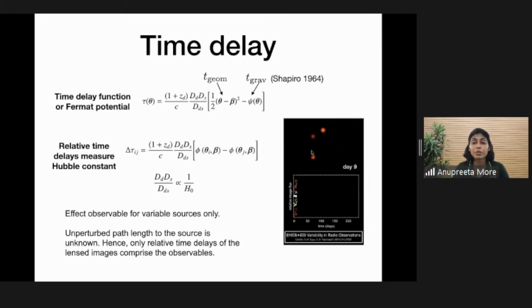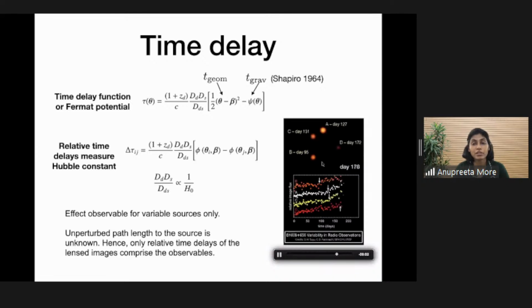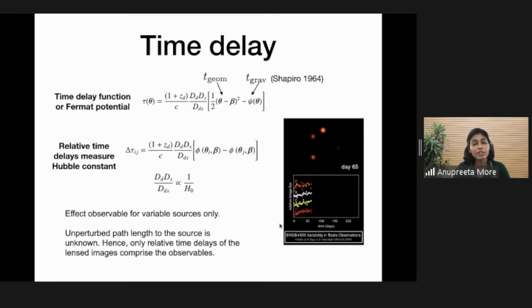So here I'm showing an animation which comes from real data. On the top panel, we are seeing images of a lensed quasar, and we can see there is some flickering happening in various images. Some images are getting much brighter than the others. And in the bottom panel, we are looking at the light curves for all of those images, four images, A, B, C, D. I will play the animation again, and you can see that there are certain features in these light curves.